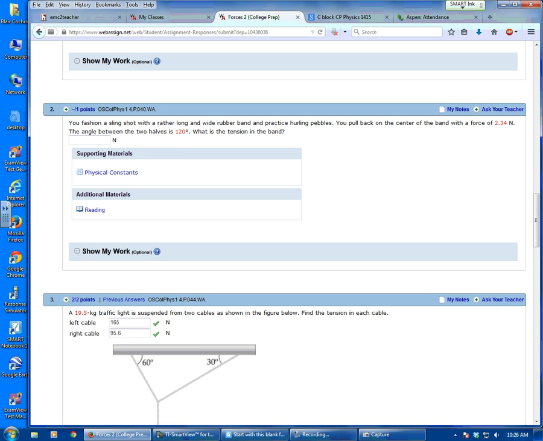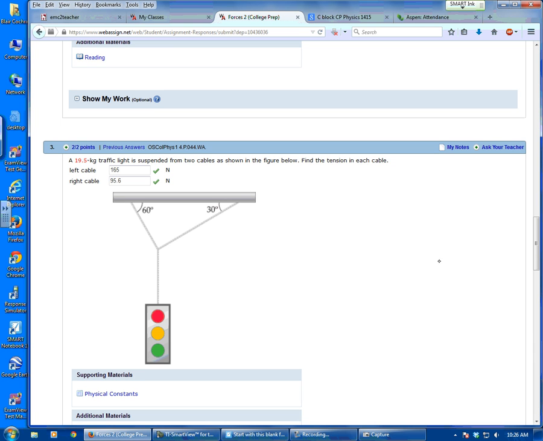One way to simplify this one that will make life easier is to realize that if it's a single band, then it has a single tension in it. Like in number 3, which we just did, the two cords are separate pieces of cord. That's how they can be at different angles.